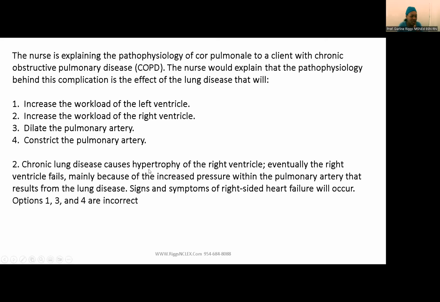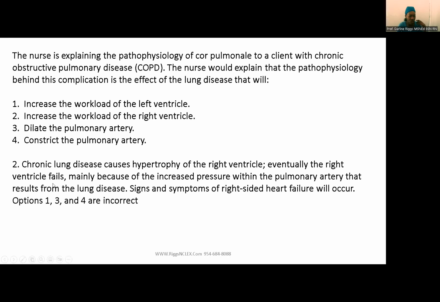So chronic lung diseases cause hypertrophy of the right ventricle. So picture it, everyone. Okay, so the COPD, that's the chronic lung disease. So eventually the right ventricles are going to fail. Because remember, that is the chamber that is pushing the blood to the lungs, if you imagine the anatomy.